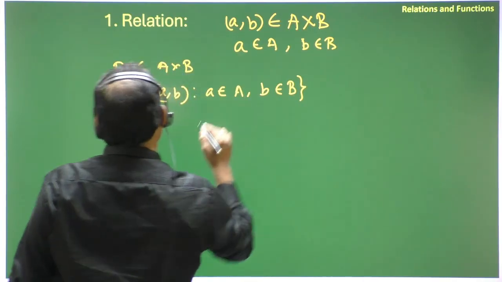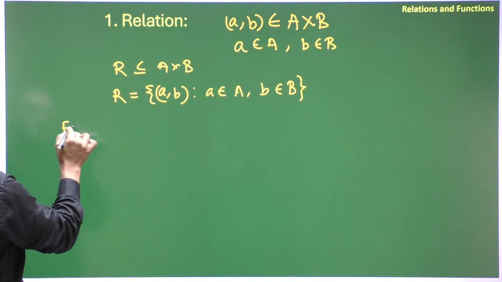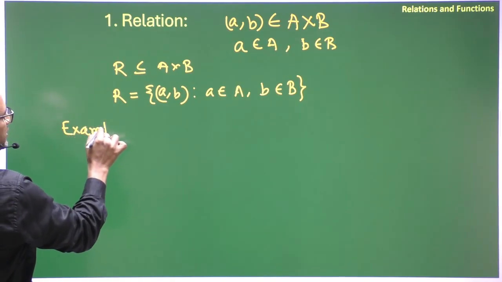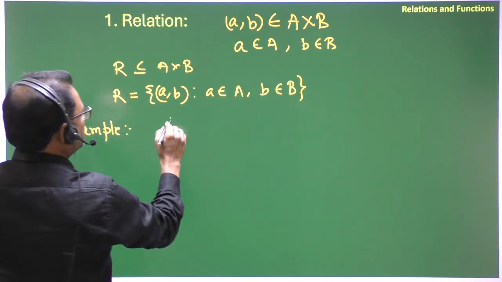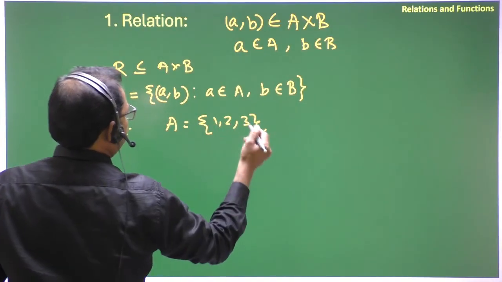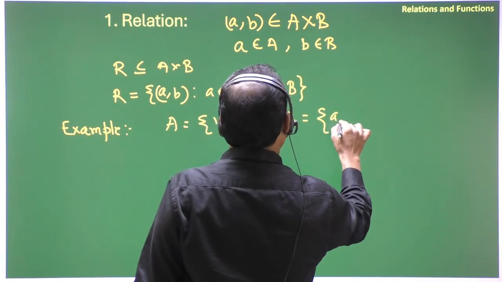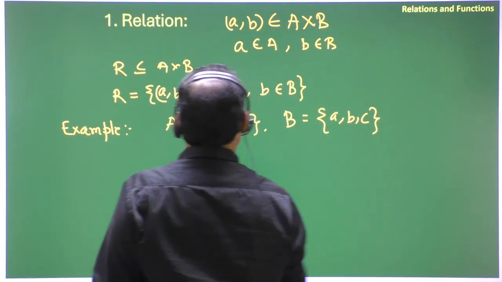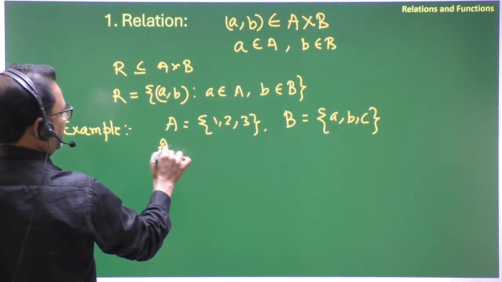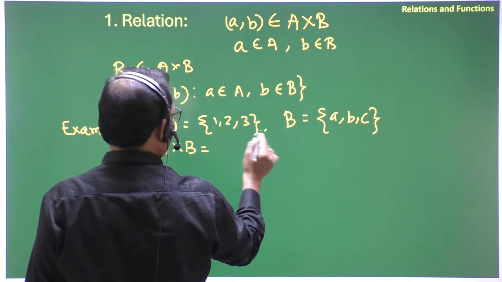Okay now, let us take one example so that we can understand what a relation is. Suppose a set A has the elements 1, 2, 3 and set B has the elements a, b and c. If you take their cross product A cross B, you will get a total of 3 cross 3, that means 9 elements.